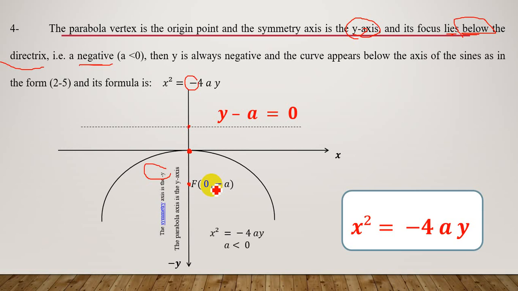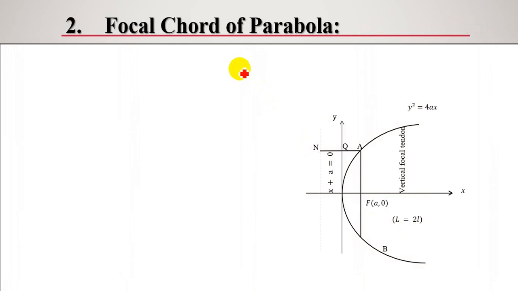One is up or above the directrix and one below the directrix, and both of them equal x squared 4ay. One positive when above and one negative when below.